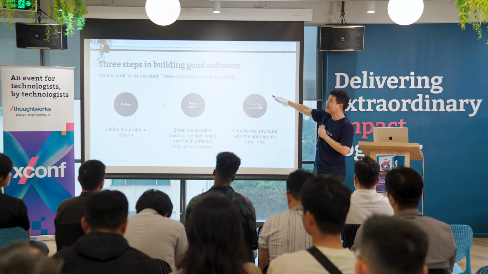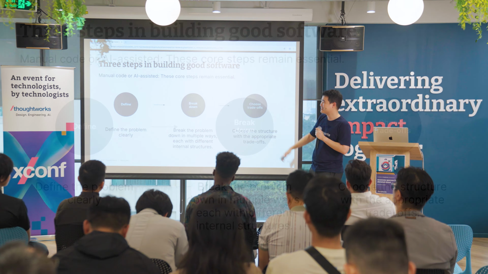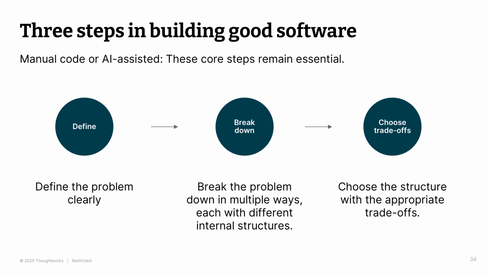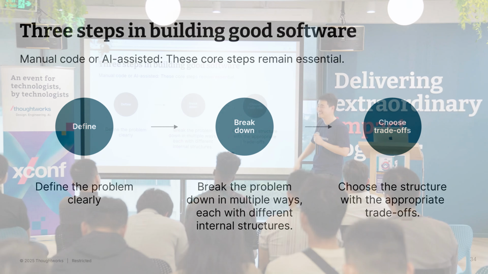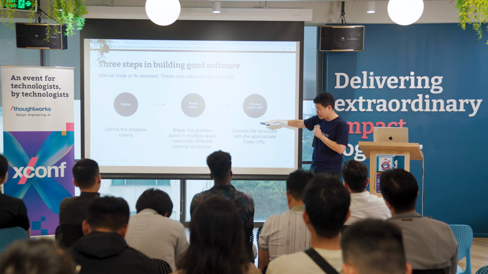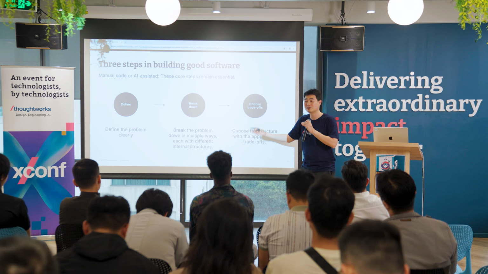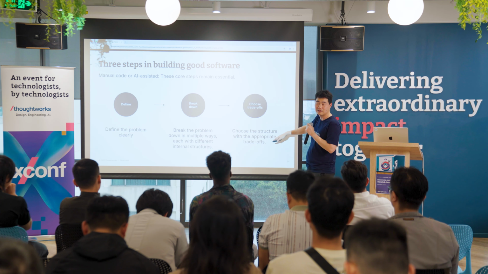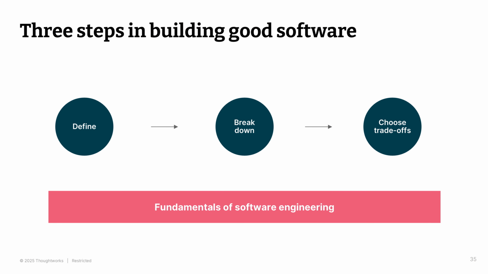So whether manual or AI-assisted code, three steps remain essential. Define the problem clearly. I did not talk about that in this talk, but that's the first step. Breaking it down in multiple ways so you have multiple solutions, and choosing the right trade-off. These are still fundamentals of software engineering.